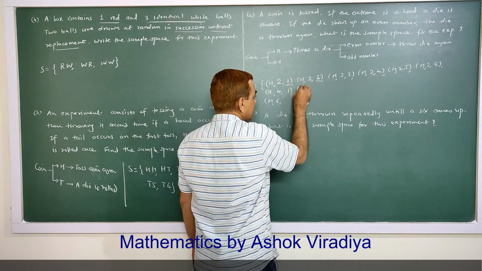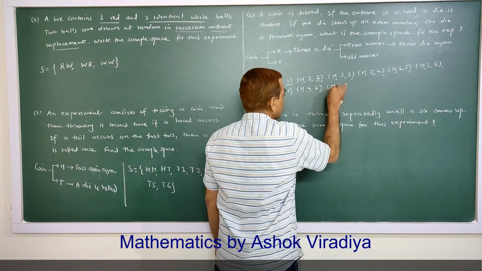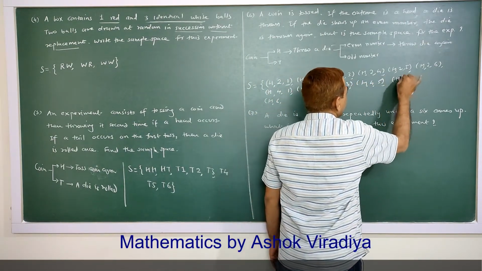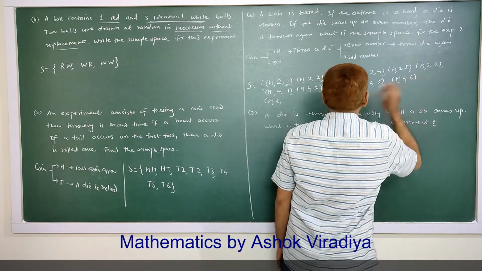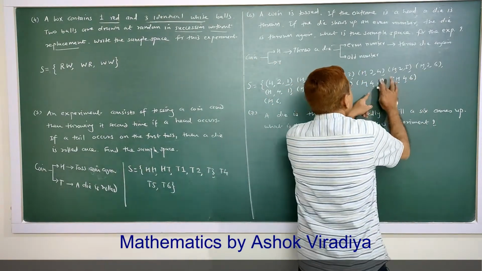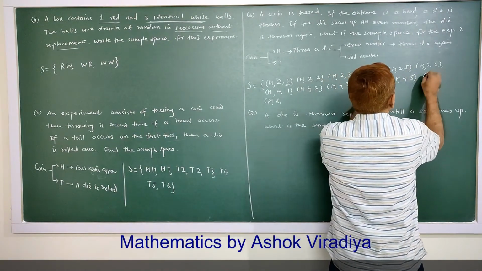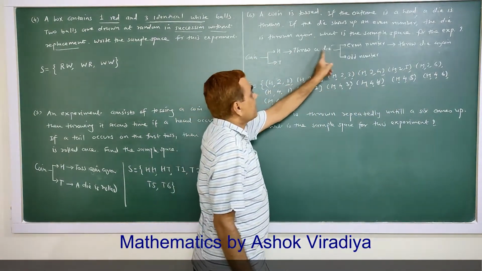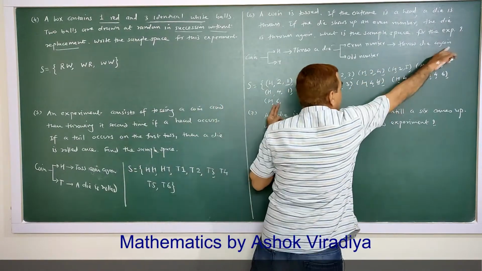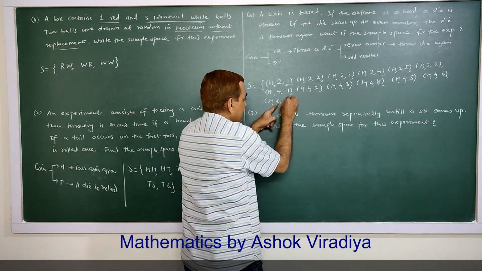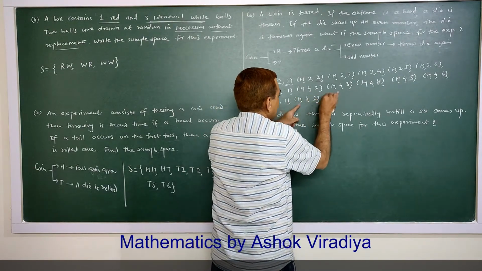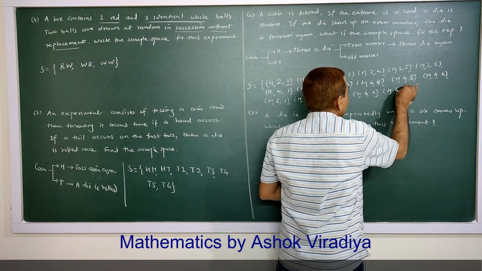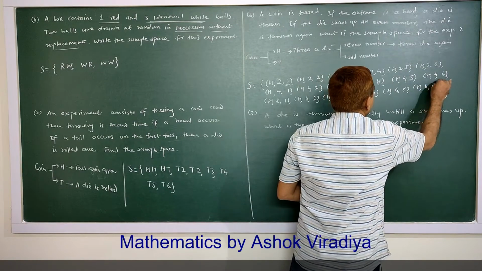So H4 1, H4 2, H4 3, H4 4, H4 5, H4 6. Here 4 was missed earlier. And with H, if 6 appears, then again throw a die, because 6 is even. So H6 1, H6 2, H6 3, H6 4, H6 5, H6 6.